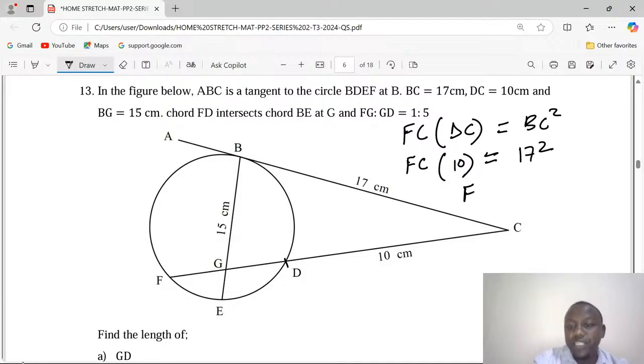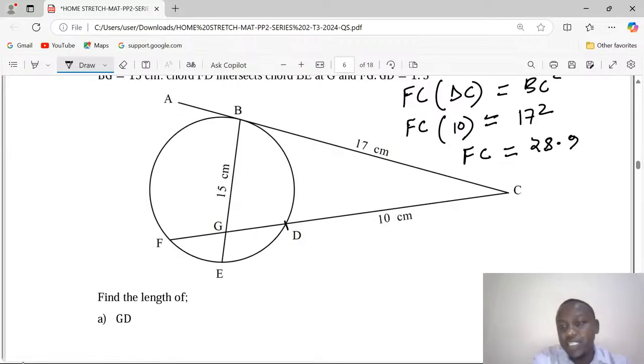So FC will automatically be, 17 squared is 289, so we get 28.9 centimeters. Because we have divided 289 over 10, that is supposed to be understood.